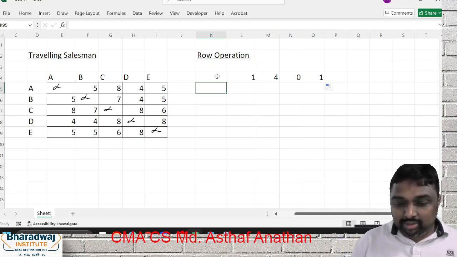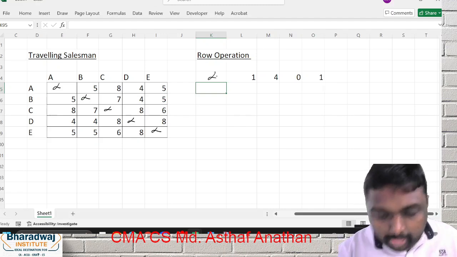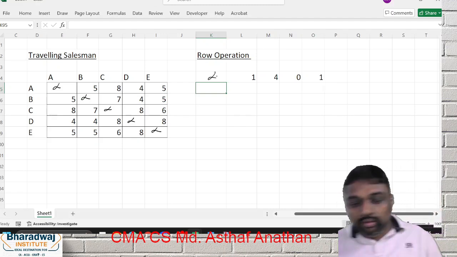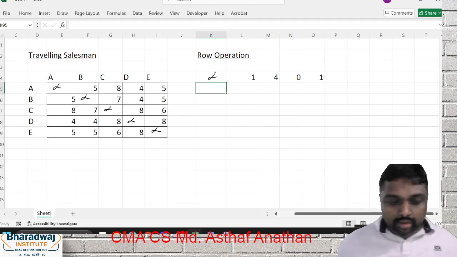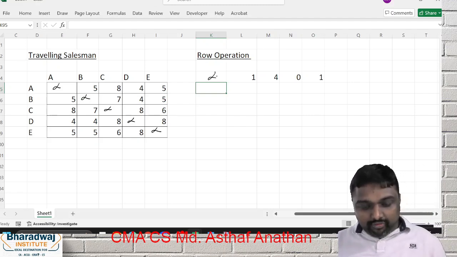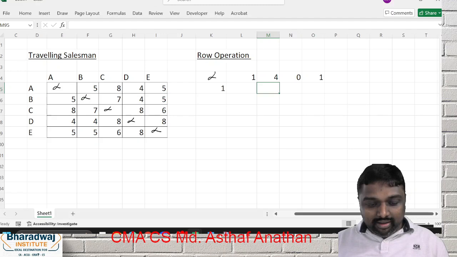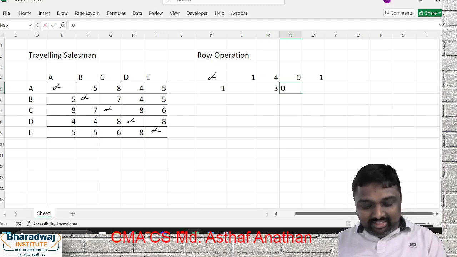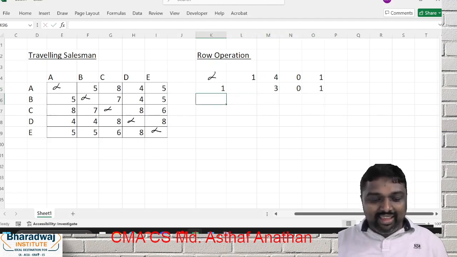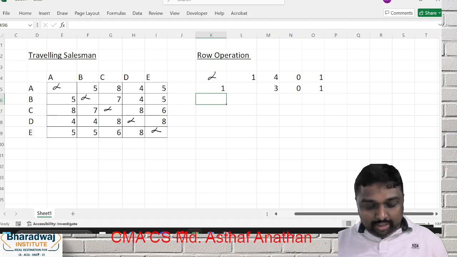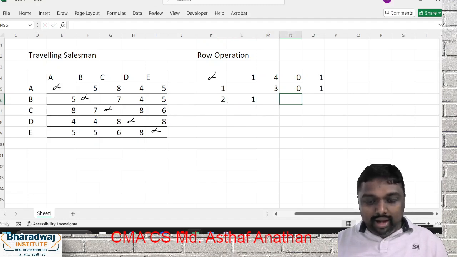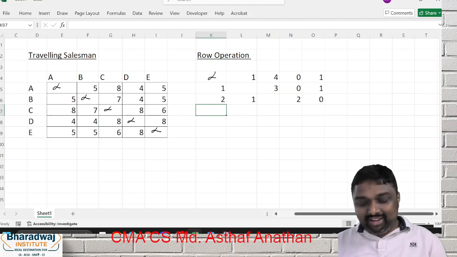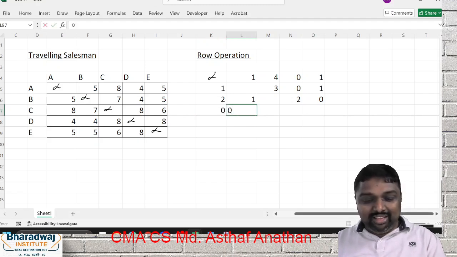Same way you have to approach the next row. Here the least number is again 4, so you will get 1, 3, 0, 1. And here the least number is 6, so 2, 1, 2, 0. Here the least number is 4, so 4 minus 4 is 0, 0.